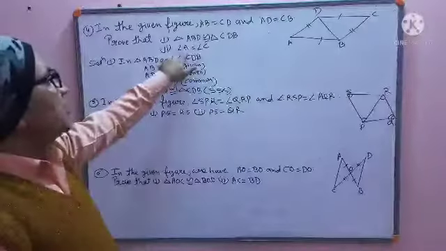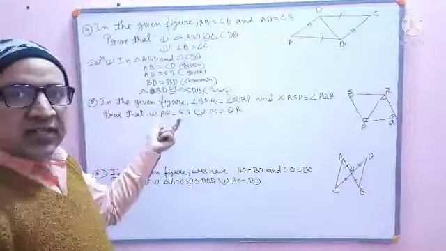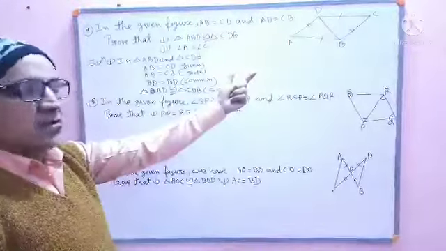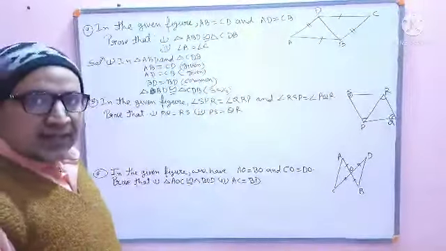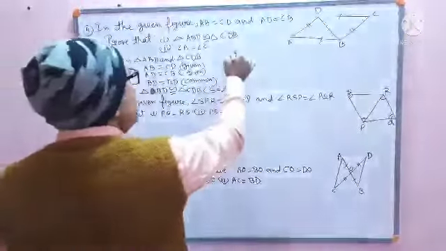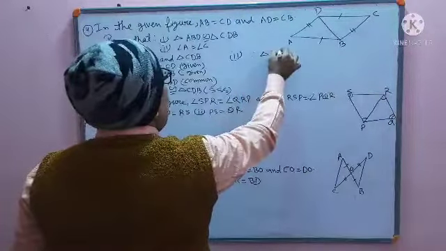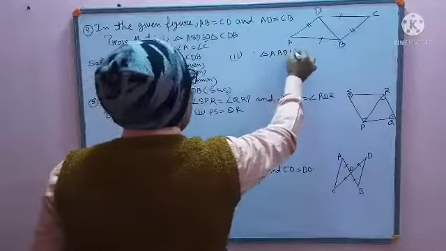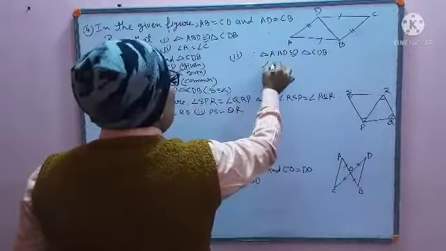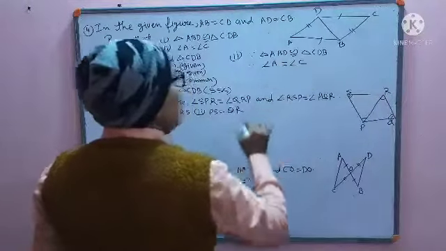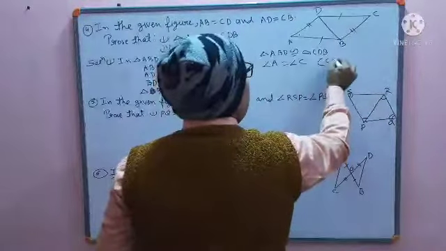Second part, you have to prove that angle A is equal to angle C. Reason is very simple. Since both the triangles are congruent, their corresponding parts are equal. That means directly you can write, since triangle ABD is congruent to triangle CDB, therefore angle A is equal to angle C, because these are the corresponding parts.